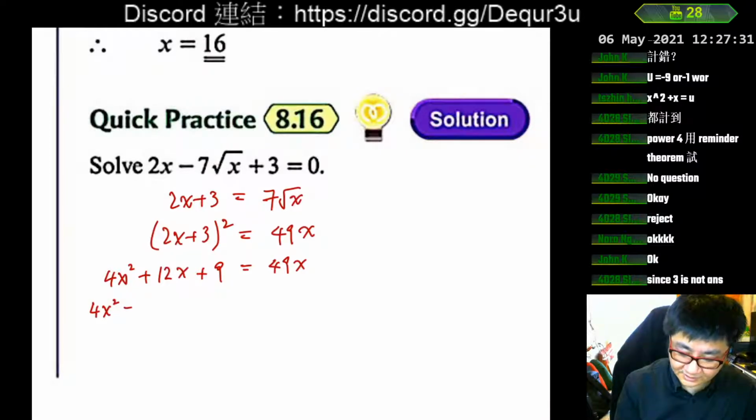Minus the 49, so it will be minus 49 係負37, and then plus 9 equal to 0.